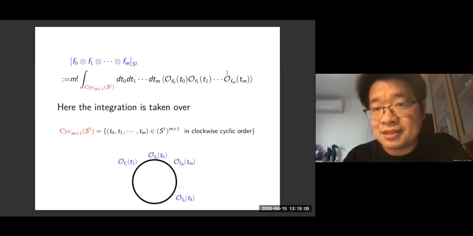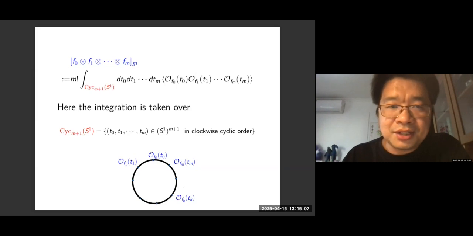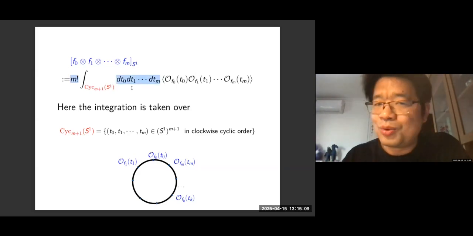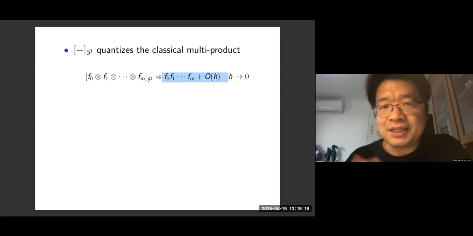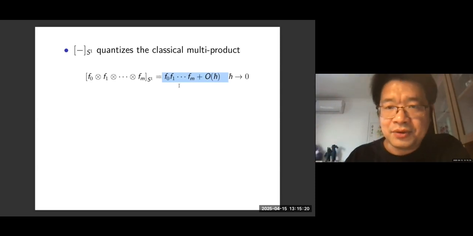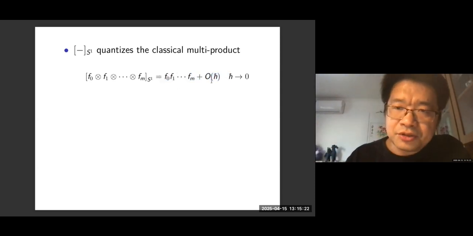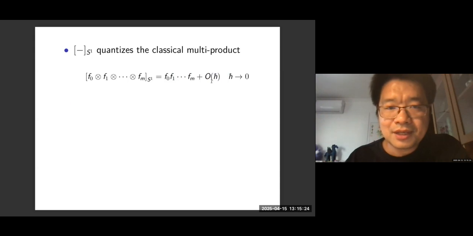You multiply them together, there's no OPE, and this integration just gives you a normalization of 1. But at the quantum level, you have this OPE, and you can calculate it, for example, in terms of Feynman diagrams. You will have higher h bar order corrections.